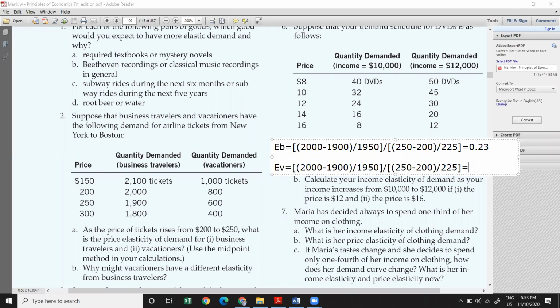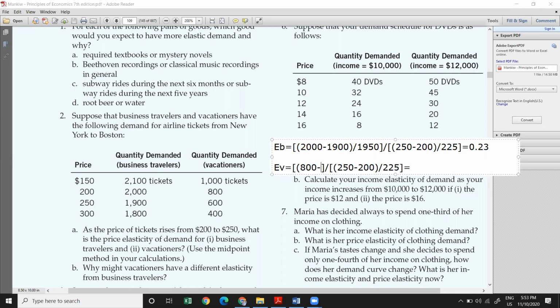So it's a vacation, a luxury product, and the responsiveness of the quantity demanded to price is high because it's more elastic. So when the price changes from 200 to 150, the quantity demanded for vacation will change from 800 to 600.